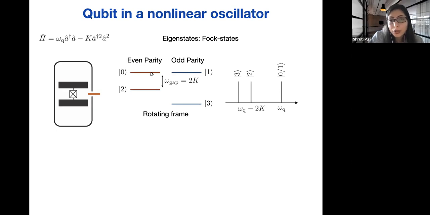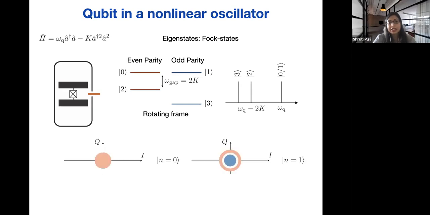But if you want to go from, say, 1 to 2, then you'll have to apply a drive at a smaller frequency. This is the meaning of these negative energies: you now need to apply a drive with frequency omega q minus omega gap to go from this state to that state.